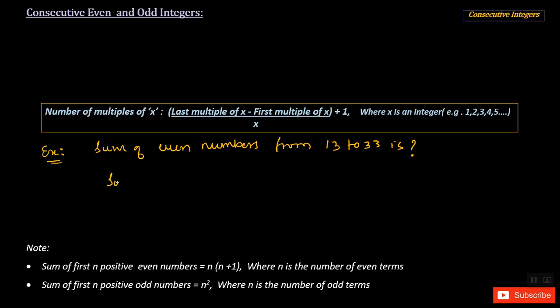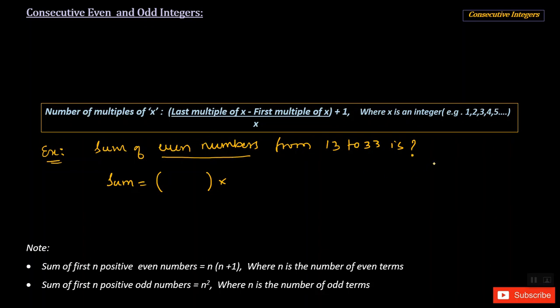sum, and we know that the formula for the sum is the average of the first and the last term multiplied by the number of terms, right? So we already saw that the number of even terms, here I'm talking about the even number, so we have to say the number of even terms, and this is how we calculated.